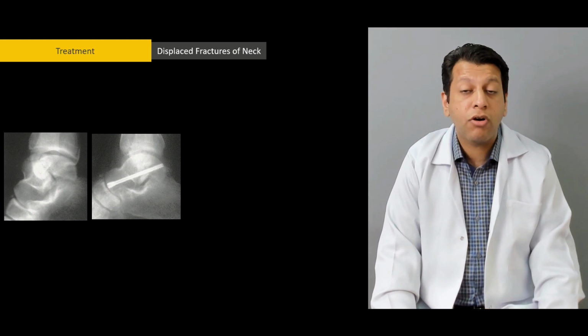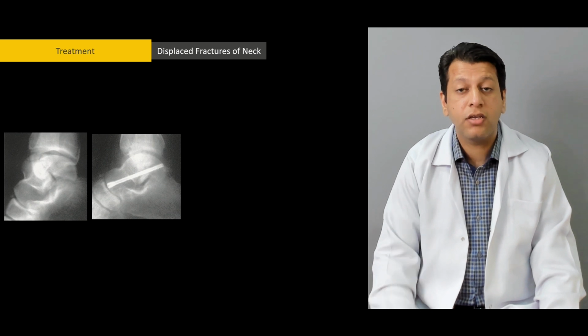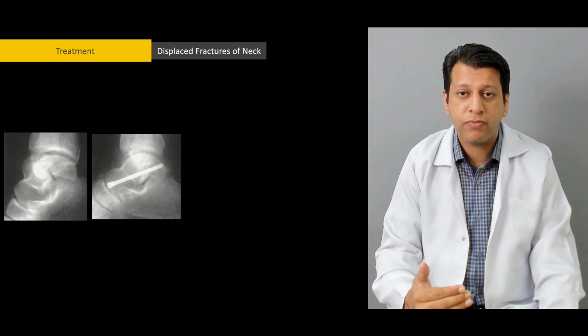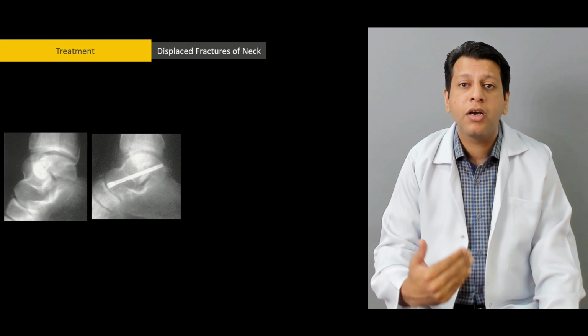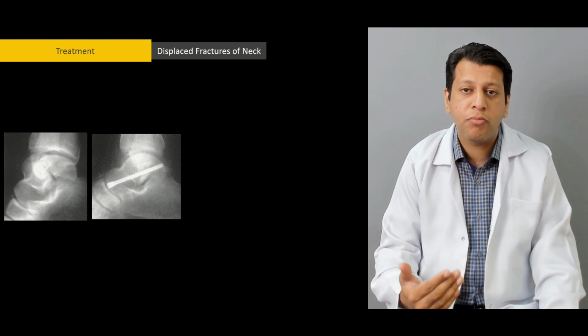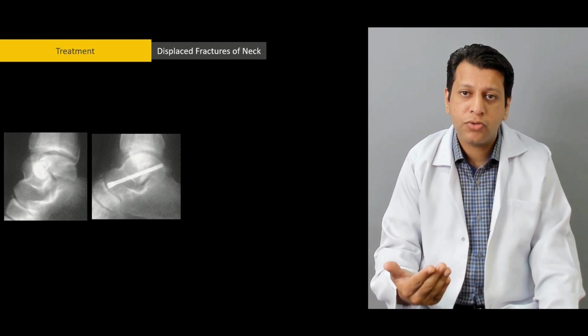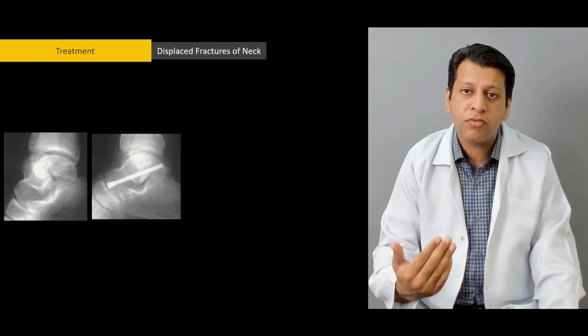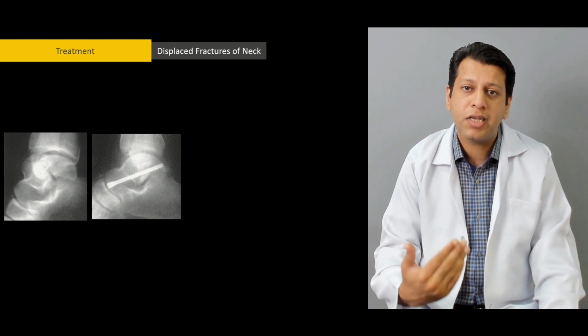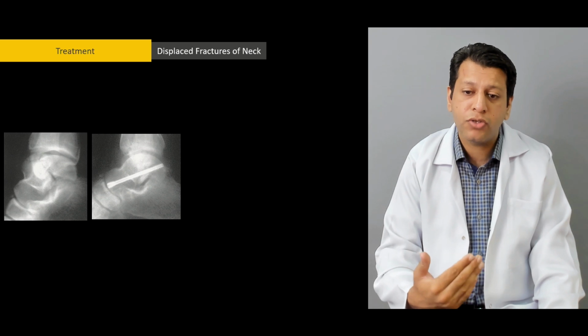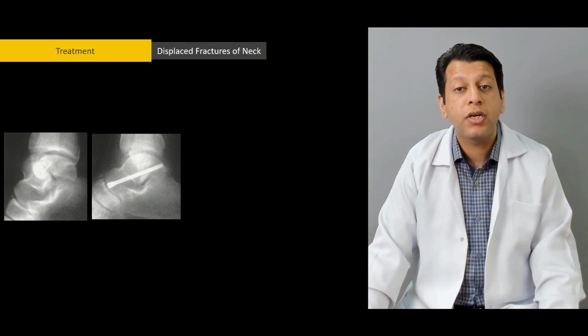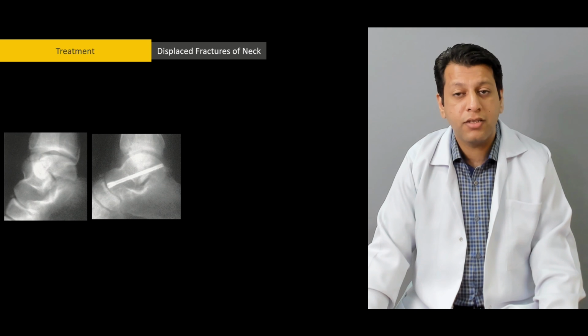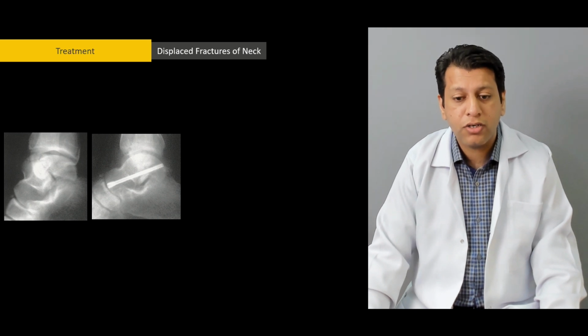But if Hawkins type 2, that is a displaced fracture with involvement of the subtalar joint, or type 3, that is involvement of the subtalar as well as tibiotalar joint, or type 4, that is involvement of all three, that is subtalar, tibiotalar and talonavicular joints, then you have to go for open reduction and internal fixation with either K-wires or cannulated screws.